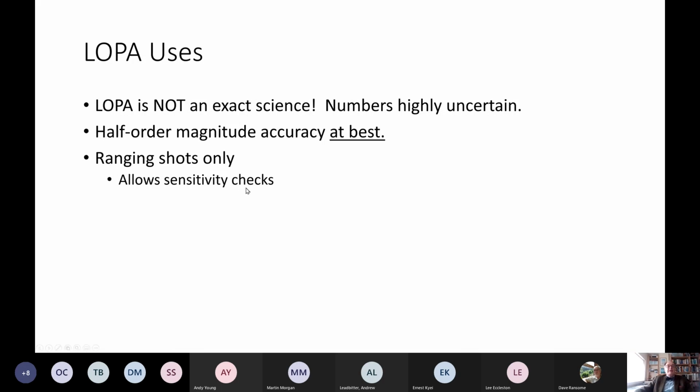How sensitive is the reported outcome to the assumptions that we choose to make, or the judgments we choose to make in our analysis? And it does allow us to explore the considerations arising in any given scenario. So all very useful, and perhaps the key point of a LOPA is to allow those sorts of explorations.